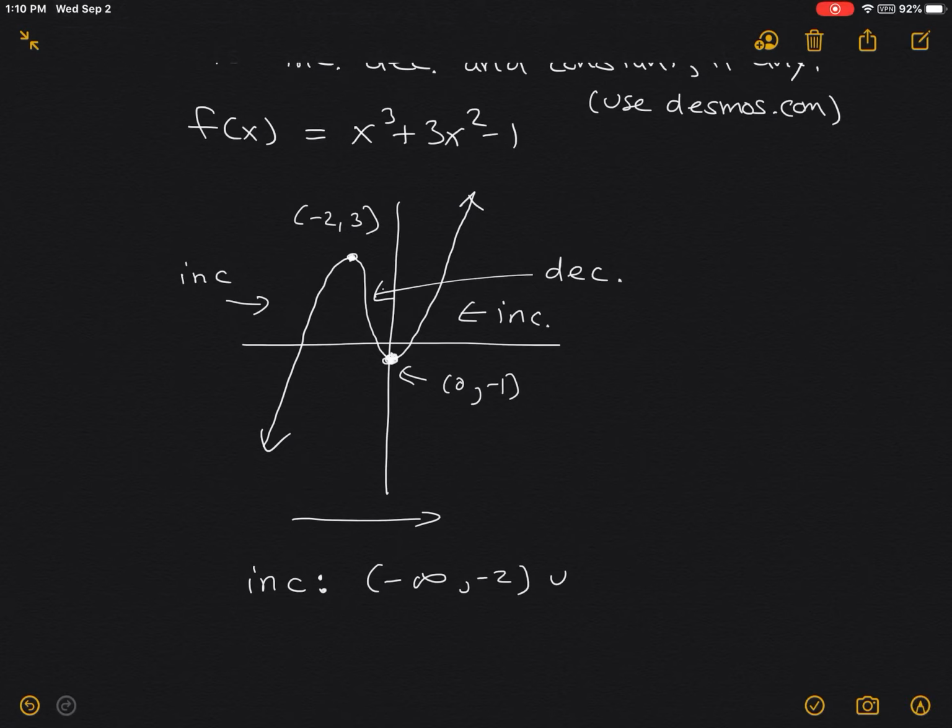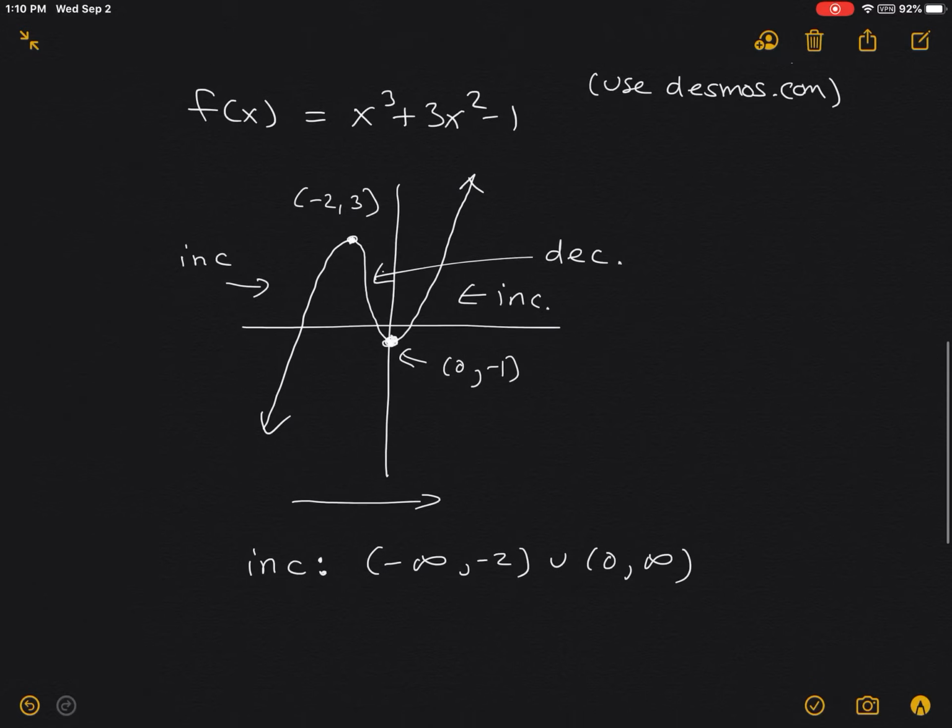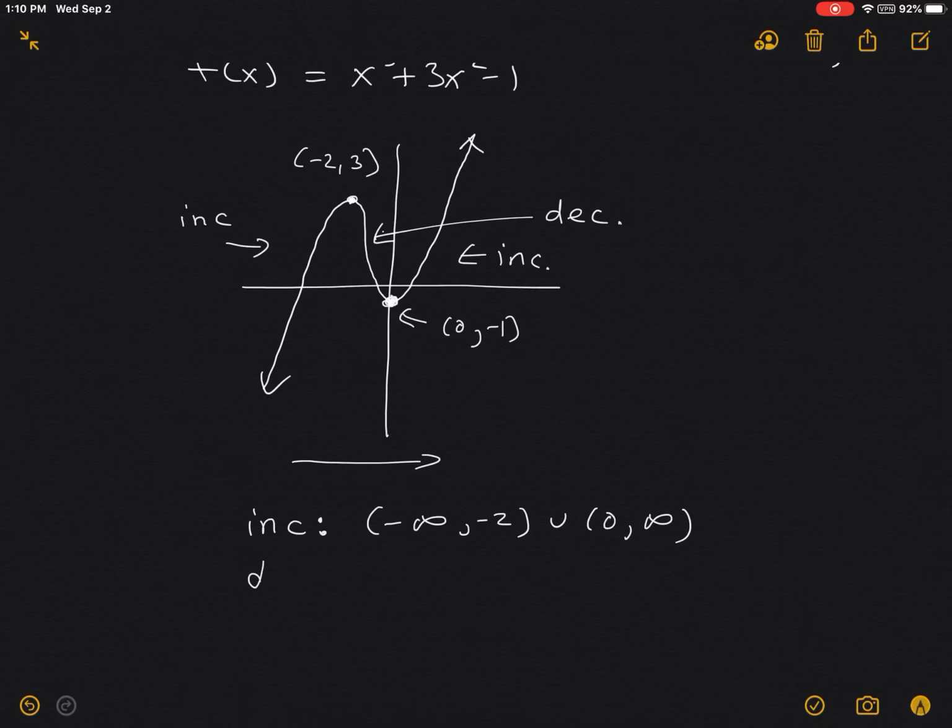It's increasing from -infinity to -2, union, 0 to +infinity. Where is it decreasing? We already pointed that out. On the interval from -2 to 0, that's where it's decreasing. Constant, guess what? There is no constant. There are no y values where it's the same for a specified interval. So I would just say none.